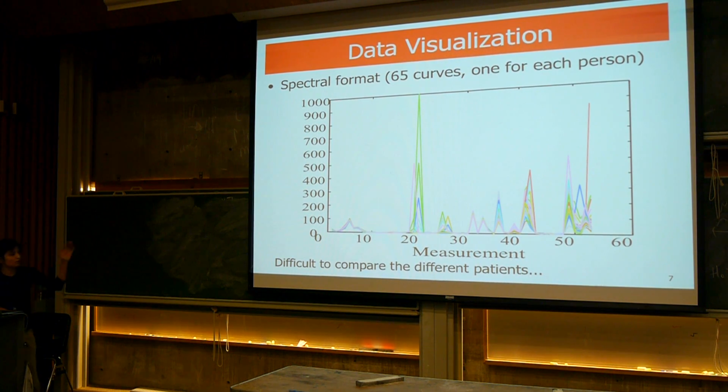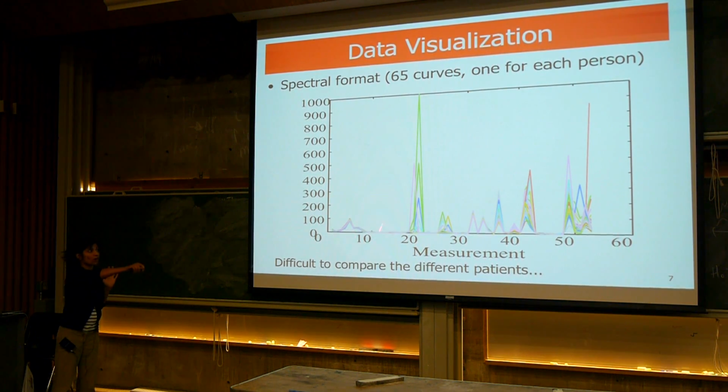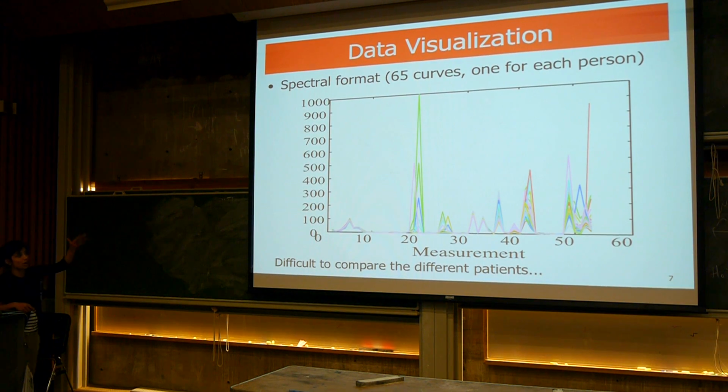You can try to plot, for each patient, some kind of a curve which represents their representation in a 53-dimensional space, right? So I can plot the values of the 53 features for each patient as a different curve, which can tell you something about how these values are correlated, but it still is hard to compare the different curves together. So you can't compare different patients very easily. You can do the other way around.